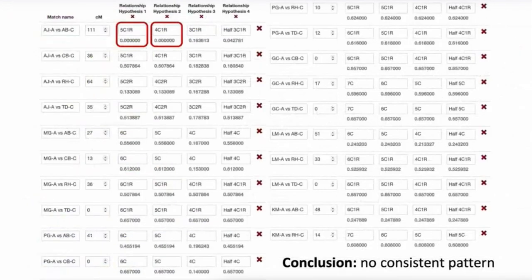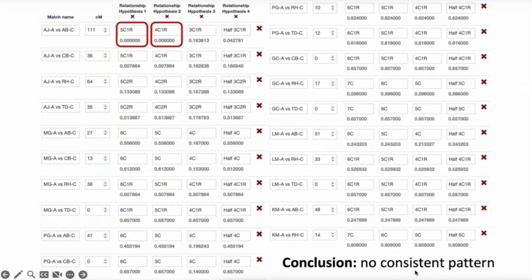Again, probably on the basis of that single comparison between Aunt Joan and AB from Family C, who shared 111, which would have been impossible if the patriarchs were second cousins or first cousins, because then that would make Aunt Joan and AB fifth cousins once removed, or fourth cousins once removed, and that is impossible for an amount of DNA of 111 CMs shared.